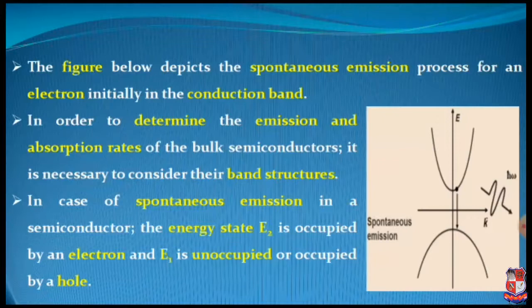So in order to determine the emission and absorption rates, it is necessary to consider their band structures. In the case of spontaneous emission in a semiconductor, the energy state E2, the higher energy level, is occupied by an electron, and we have to consider the lower energy level E1, which is unoccupied, or you can say it is occupied with holes.